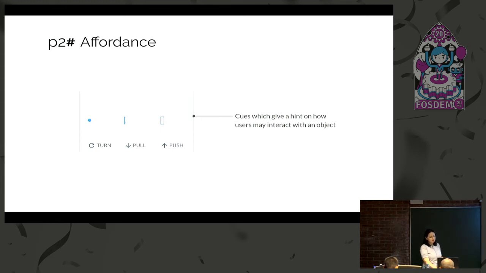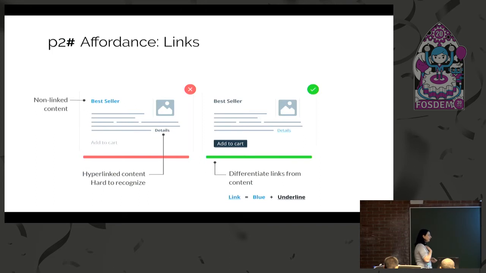The same affordance principle can be applied to links. So for the people that have been for a long time on the web, when they see something that is blue and that is underlined, they might think, okay, that's a link, or at least I know that's a link. So be very careful when applying blue to headers or things that are not links.